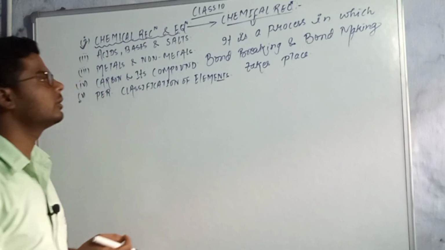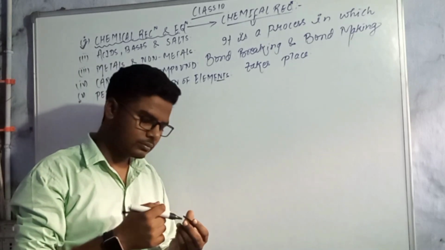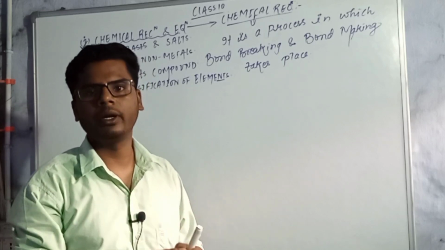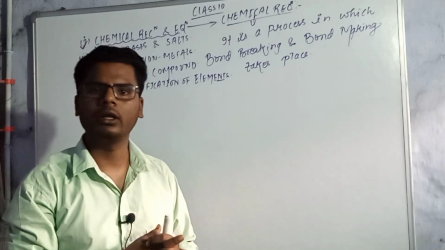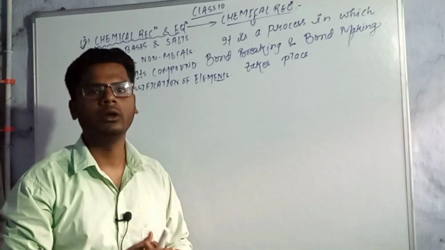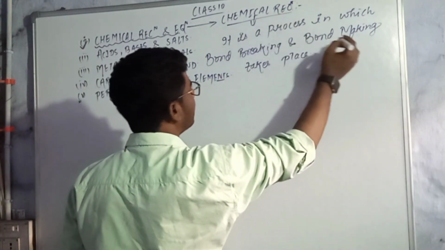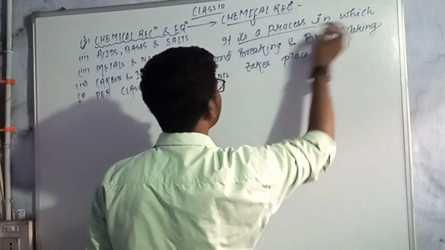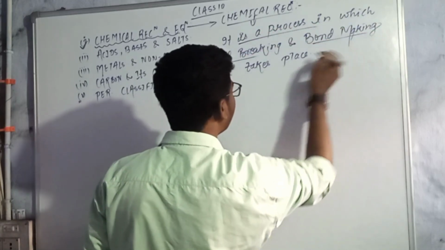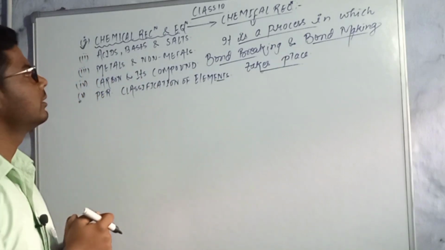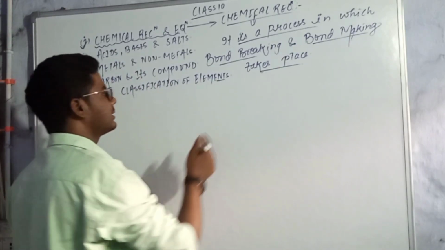The second definition of chemical reaction is that it is a process in which new substances with new properties are formed by the combination of two or more substances. But the best definition of chemical reaction is that it is a process in which bond breaking and bond making take place. We say that it is called a chemical reaction.